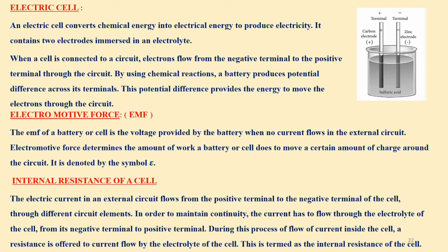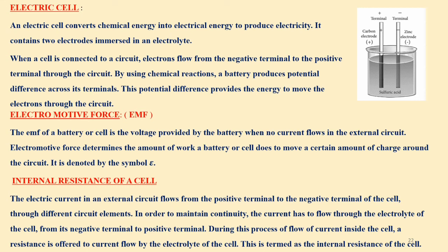The electric current in an external circuit always flows from the positive terminal to the negative terminal of the cell through different circuit elements. So this is called conventional current, we have learnt in the earlier classes. In order to maintain the continuity, the current has to flow through the electrolyte of the cell, that is from its negative terminal to positive terminal.